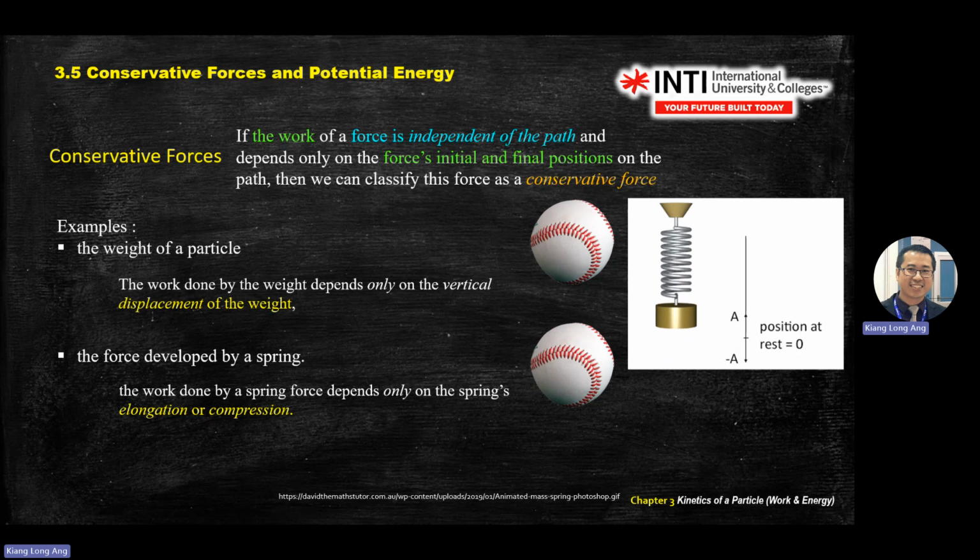Okay, so an example is the weight of a particle when it's going down, no matter how it swings to left or right, but we're only interested in the beginning and end. Then another one is a spring. No matter how you charge it up, it will give you either elongation or compression.